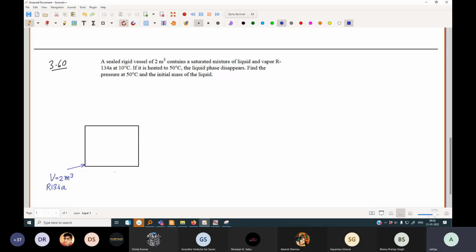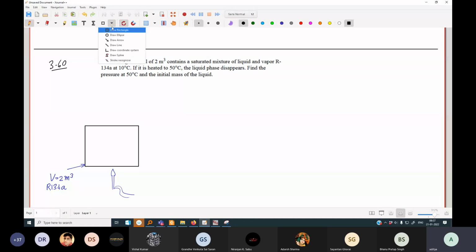All right, so it contains this. Now when you heat this, once you heat it to 50 degrees Celsius, the liquid phase disappears. So we simply need to find out the final pressure at 50 degrees Celsius and the initial mass of the liquid.